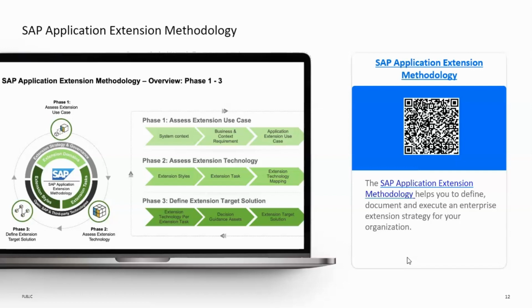Then we assess extension technology: the extension styles, extension task, and extension technology mapping. Finally, we define the extension target solution: extension technology for extension task, decision guidance assets, and extension target solutions.